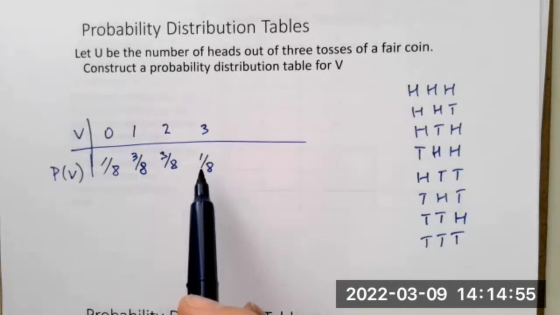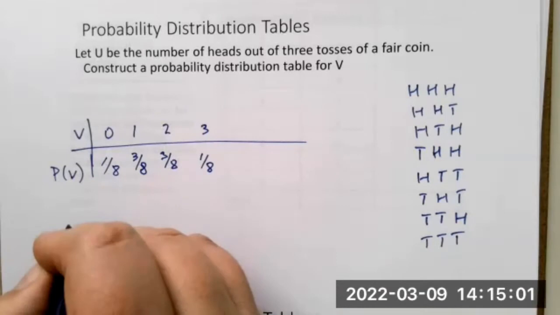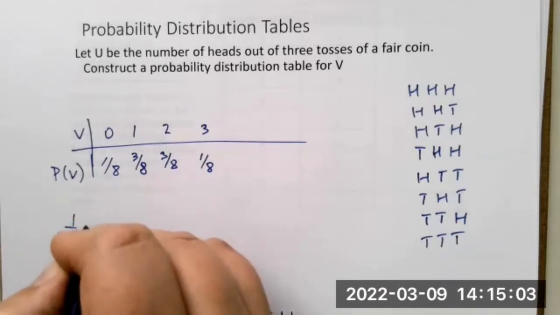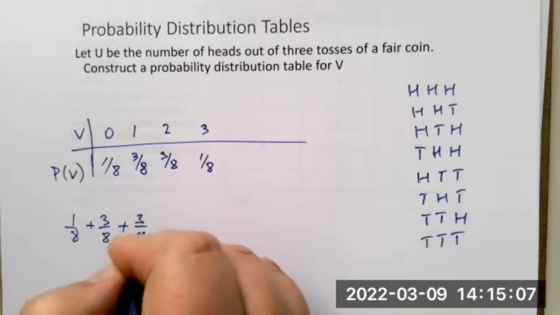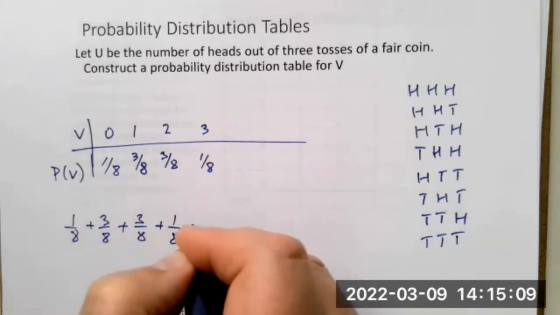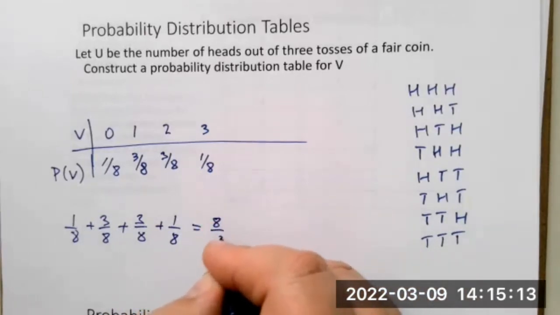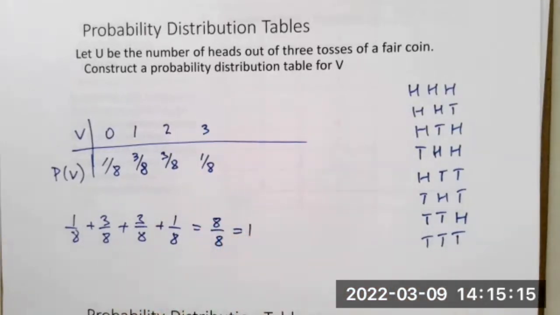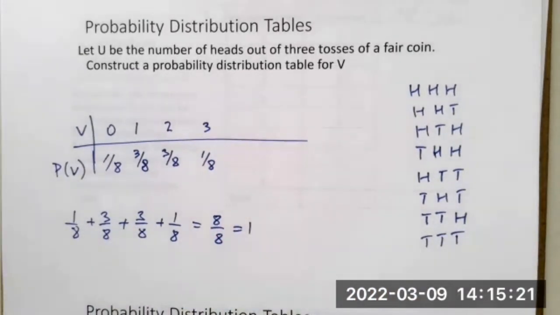So we cover 100% of outcomes. Let's check if that's true. We have 1/8 plus 3/8 plus 3/8 plus 1/8. What do we get? We get 8 out of 8, which equals 1. So this is the property of a probability table.